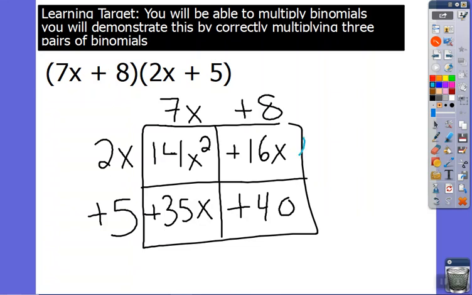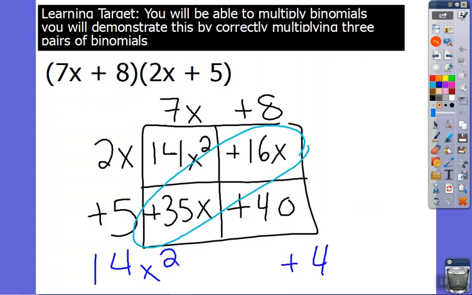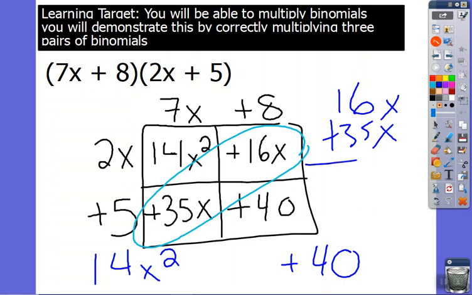Usually these two in the middle are going to have the same term, so we can put them together. My 14x squared and my 40 are the only ones like them, so they come down. But I'm going to say, what is 16x plus 35x? So that gives me 51x. So in the middle, I put 51x, and I do need a sign in front. So if you haven't written it already, it would be a positive 51x.